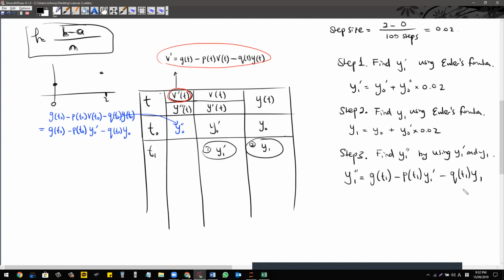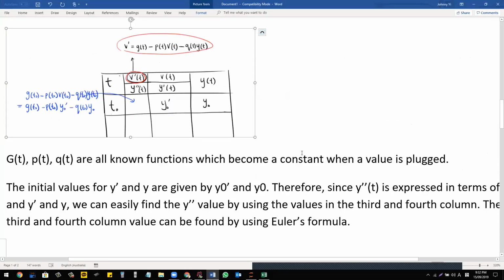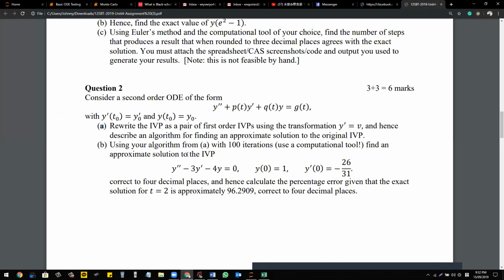With the interval, you know how it says we need to go from 0 to 2? Where does it say that in the assignment? Oh, because we're starting from 0, and we're trying to approximate. We're given these initial values, and we need to approximate this value at t equals 2.